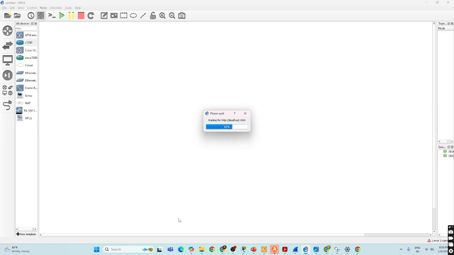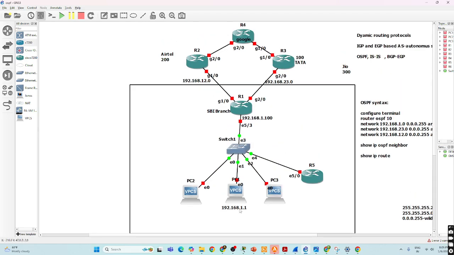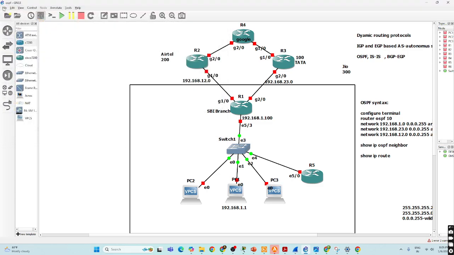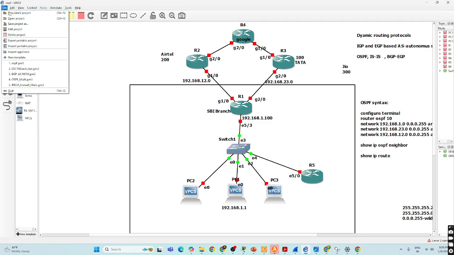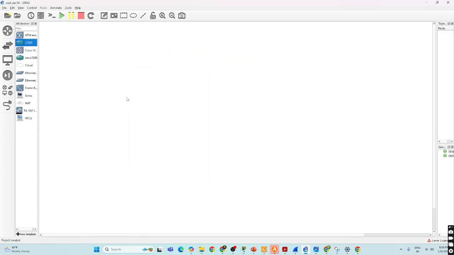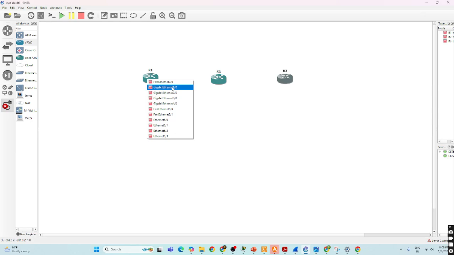Let me take a real-time example. Same thing. So let me take a new project, OSPF D6. Suppose I'm using 3 routers here. You know it very well. So I have taken a fresh project here.